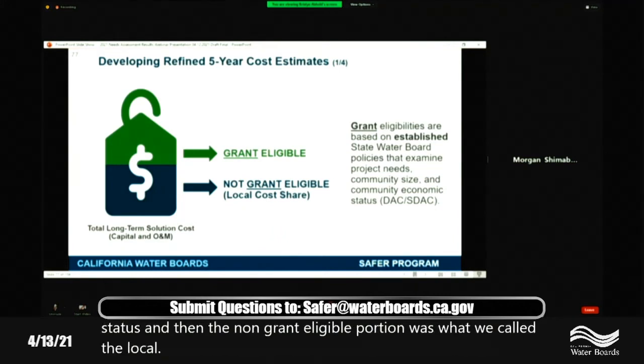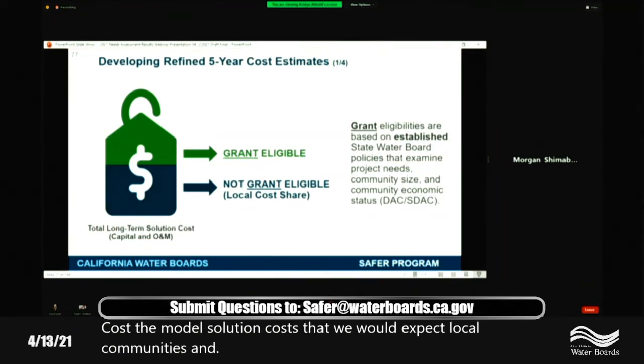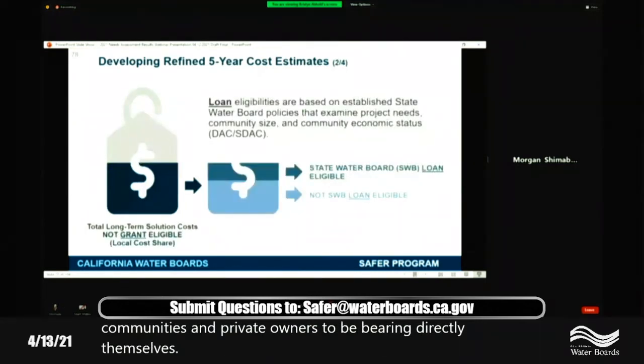So this is the modeled solution costs that we would expect local communities and private well owners to be bearing directly themselves. So next slide.